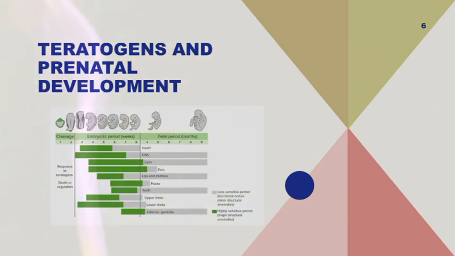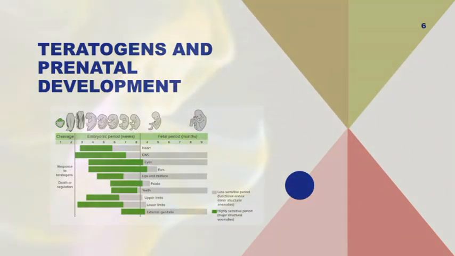Teratogens have the potential to disrupt that delicate process of neural development and bodily development within the embryo and the fetal growth. And so it's important to do what we can to minimize exposure to harmful substances during pregnancy.